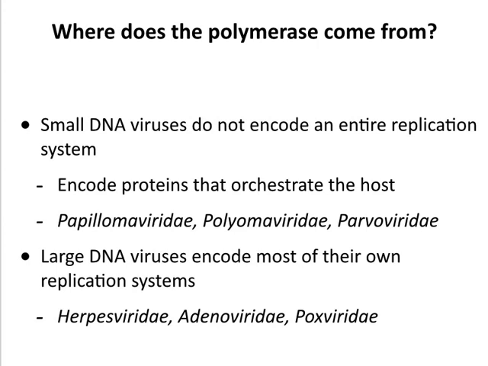They encode at least one protein that orchestrates the host. I like that word. They distract the host from replicating its own DNA to theirs. It's like, hey, I'm a very nice DNA molecule, make more of me. And these are papillomaviruses, polyomavirus, and parvoviruses. We'll talk mostly about the polyomas and the parvoviruses today.